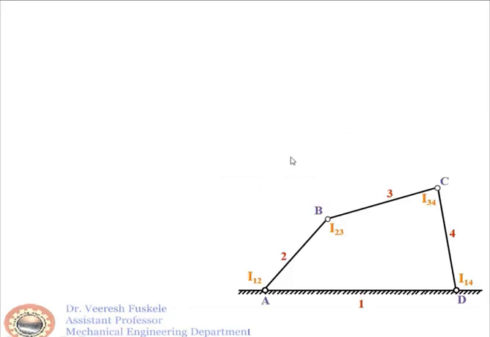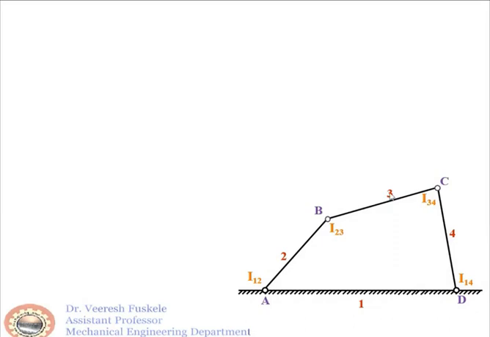The ICs I23 and I34 are known as permanent ICs, as they move when the mechanism moves, but the joints are of permanent nature. So out of 6 ICs, we have located 4 ICs just by inspection.